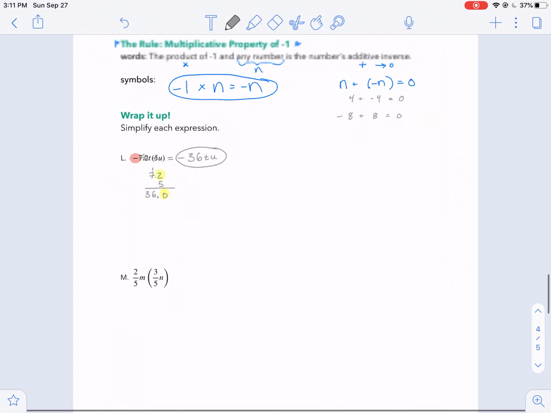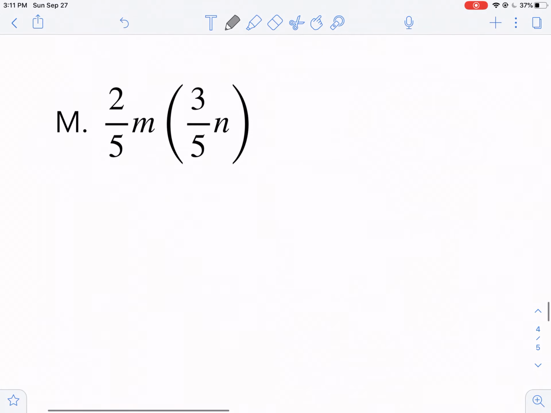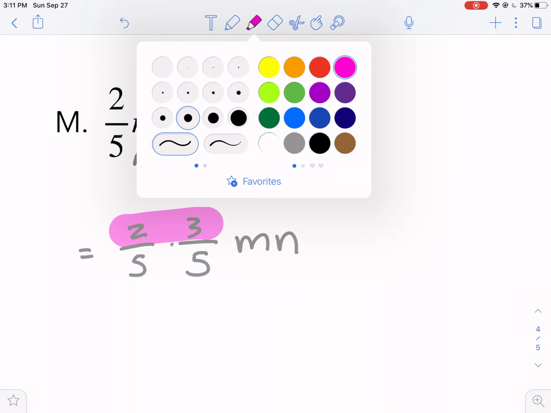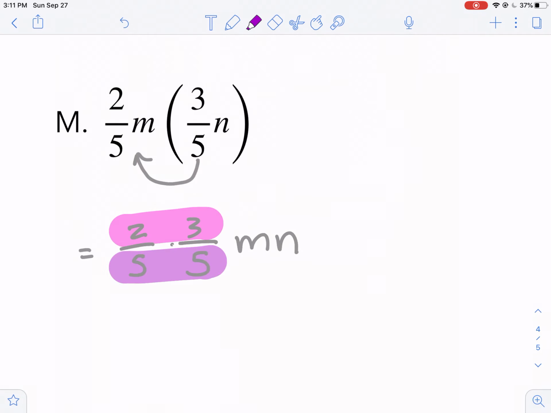And then finally, our last problem of the day. Oh my! We have 2 fractions and 2 variables. So let's rearrange them. So we have 2/5 times 3/5 times m times n. And remember, with fractions, we're going to multiply across. Multiply our top numbers together, and we multiply our bottom numbers together.